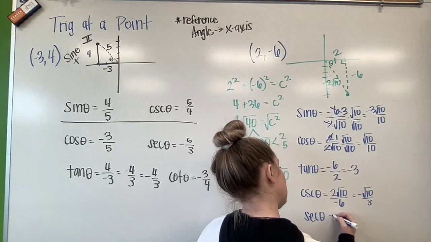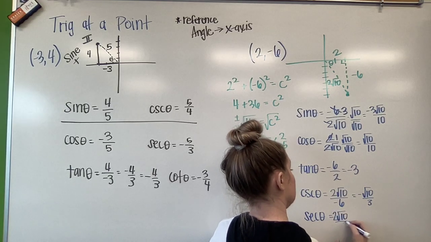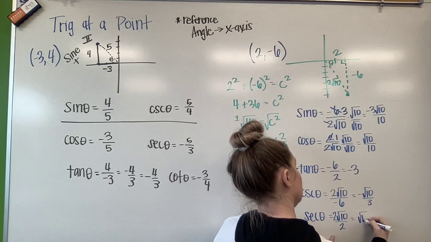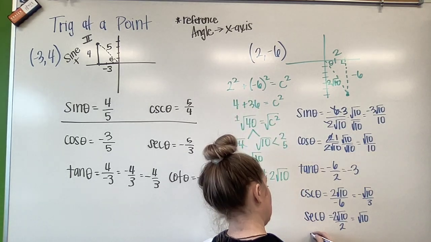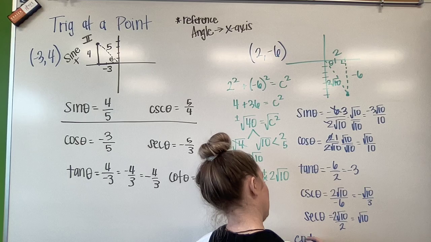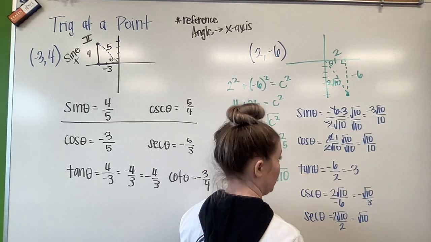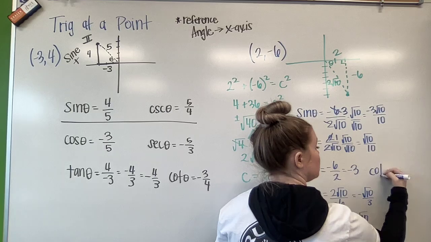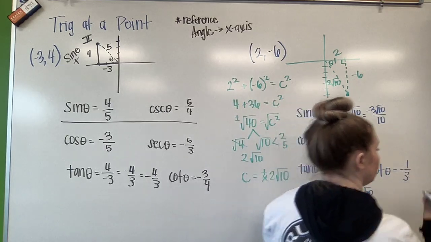Secant theta, that's going to be 2 root 10 over 2, which is just the square root of 10. And cotangent theta, can hardly see that, so we'll jump over here. Cotangent theta is the reciprocal, so I'm going to get negative 1/3.